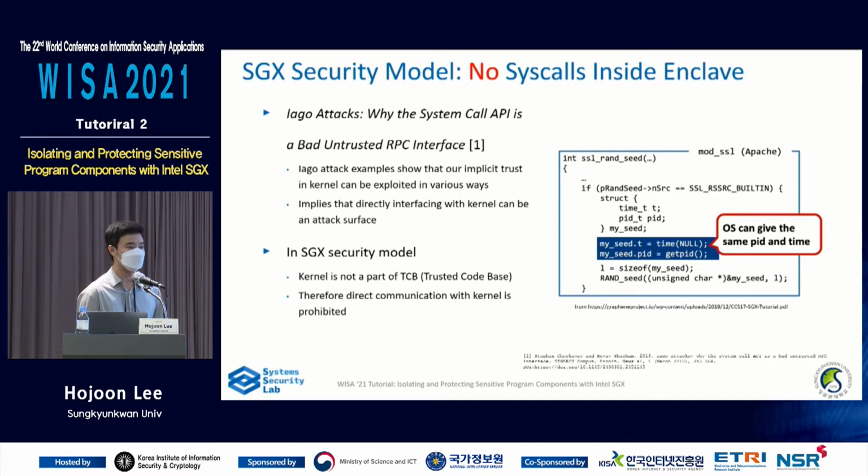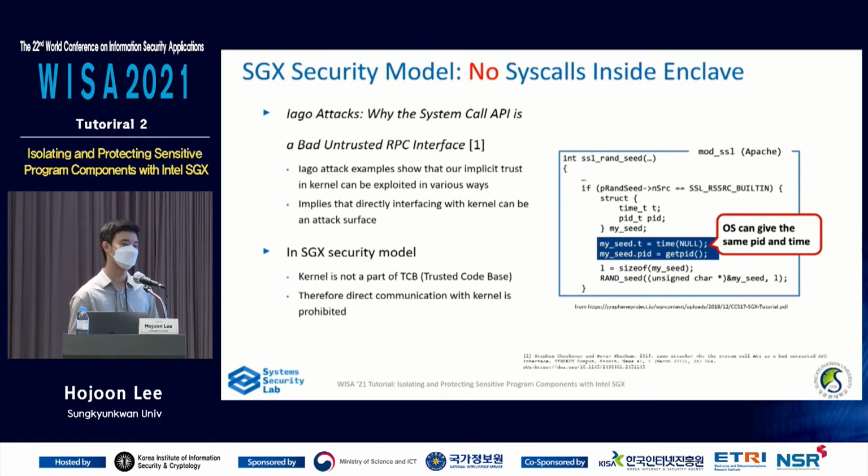So this implies that directly interfacing with the kernel can be very dangerous, and it can be a highly potential attack surface. So in the SGX security model, they decided to not allow that. The kernel is not part of the TCB, and also there's no direct communication with the kernel.